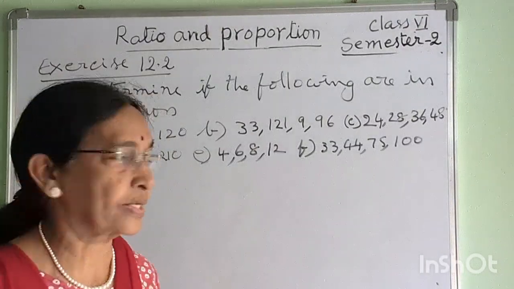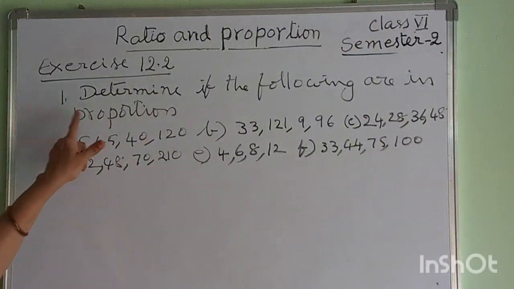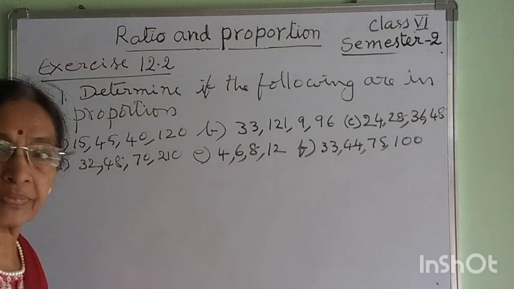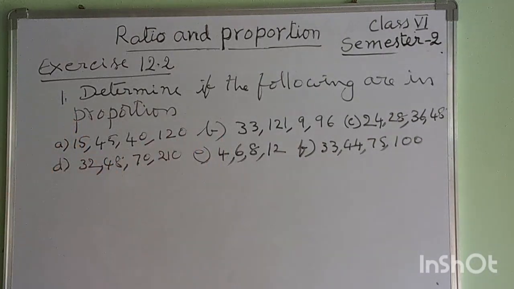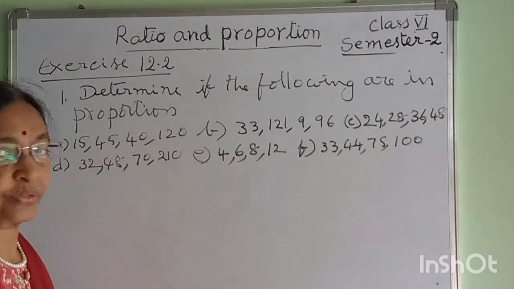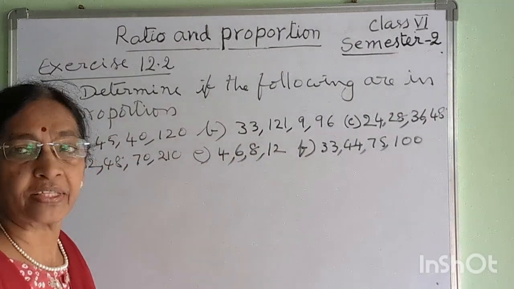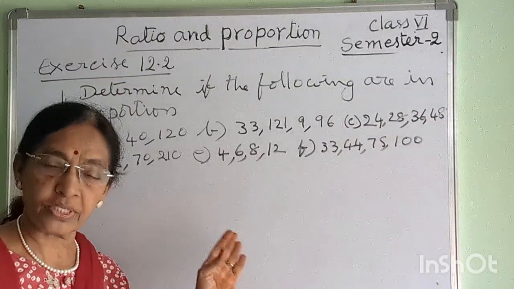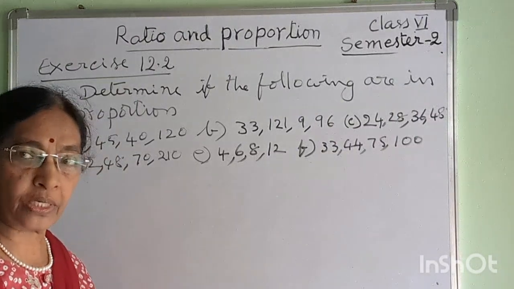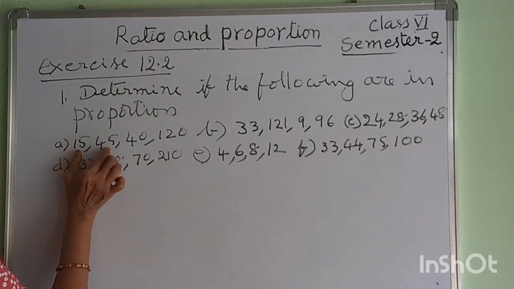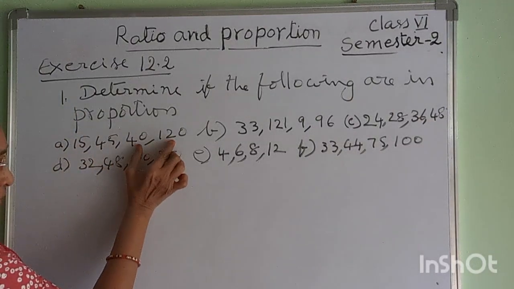Coming to exercise 12.2, the first problem is: determine if the following are in proportion. There are 6 sets of 4 numbers given. We have to decide whether they are in proportion or not. To check this, we have to find the ratio of the first two terms and the ratio of the third and fourth terms.